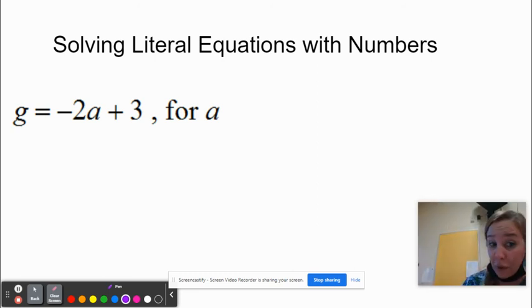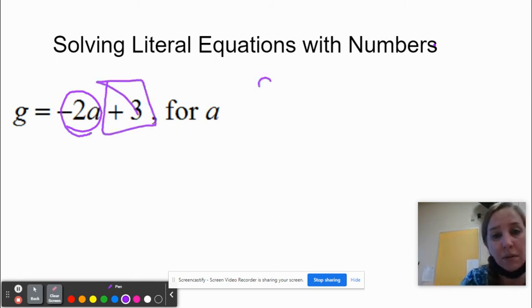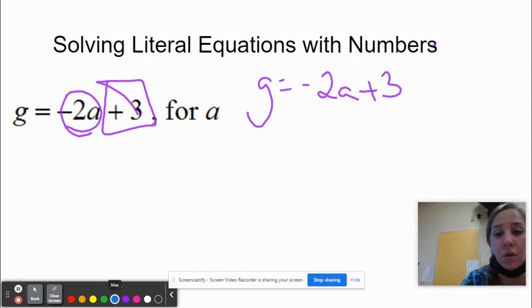All right, before we can get a alone, we have to get the variable term alone. So in order to get the variable term alone, we have to take care of this 3. g equals negative 2a plus 3. So we have to subtract the 3 away.